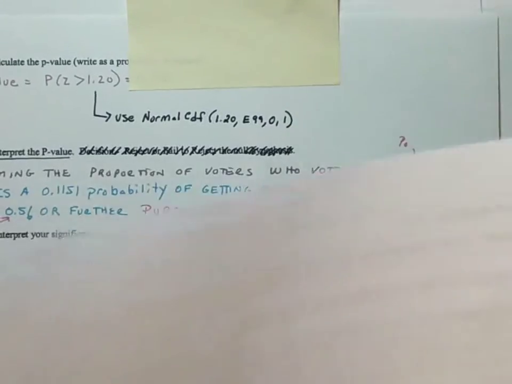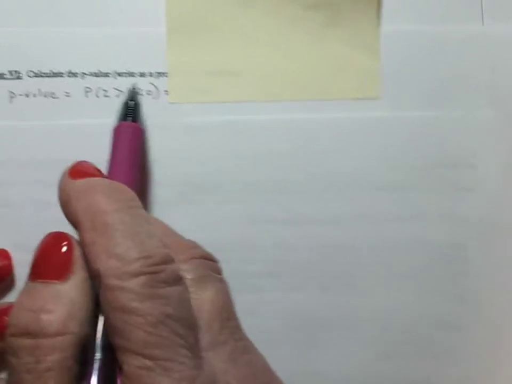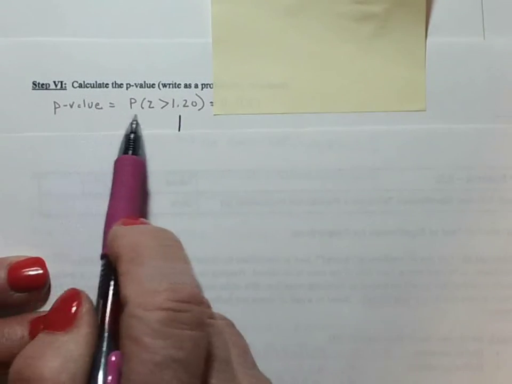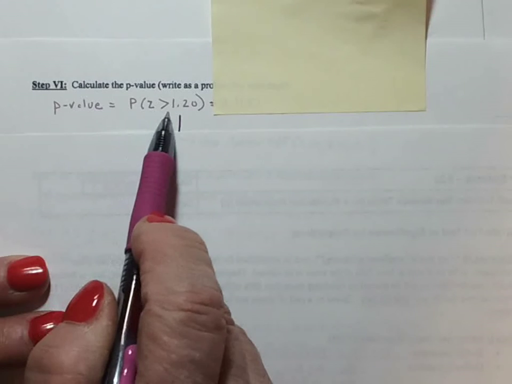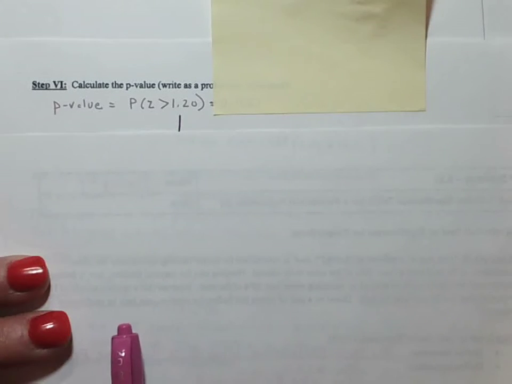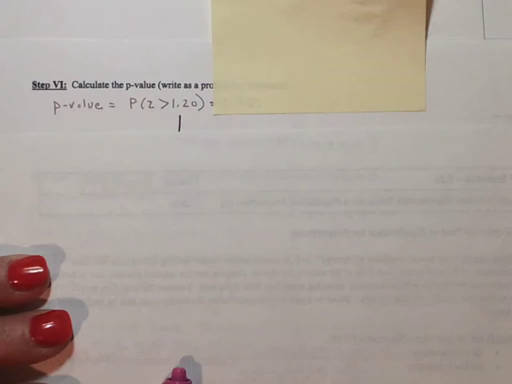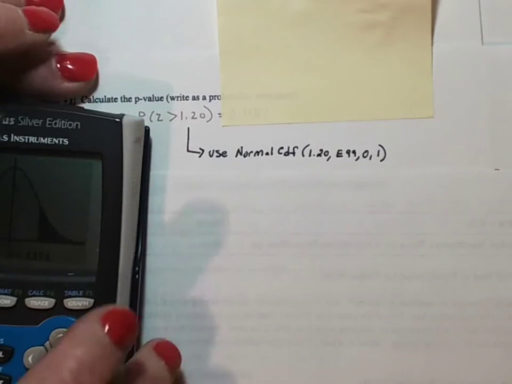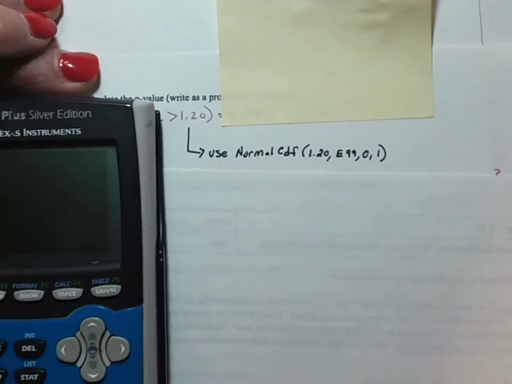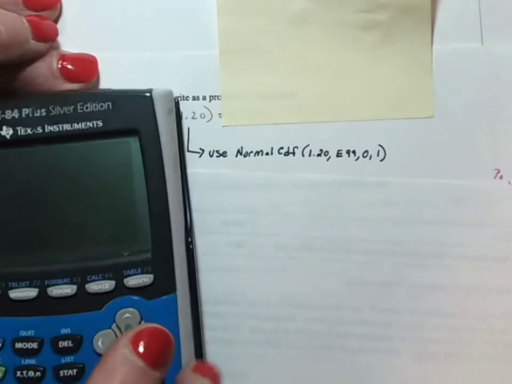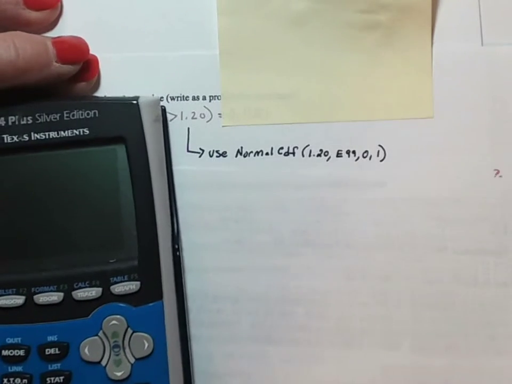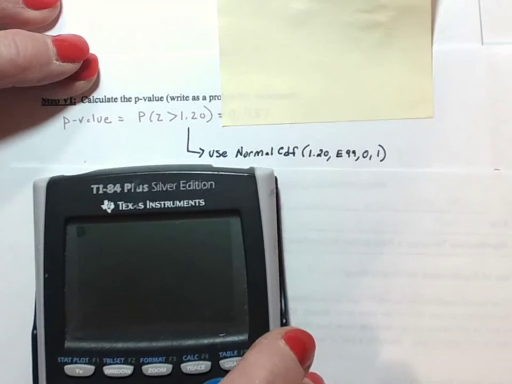So to calculate that p-value, the p-value is the probability that z is greater than 1.20. We do that with normal CDF. So just make sure to keep on reviewing. Your calculator is going to be one of your best friends on your AP exam.